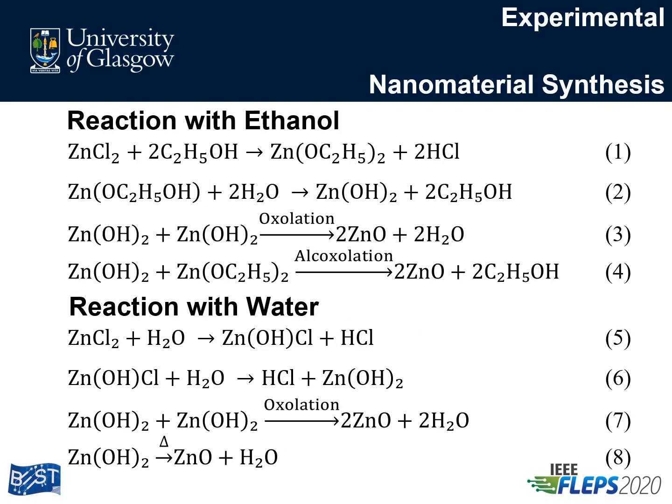In case of ethanol, zinc chloride reacted with ethanol to form alkoxide, which underwent oxidation and alkoxylation reaction to generate zinc oxide monomer. On the other hand, in case of water, zinc hydroxychloride was formed, which underwent oxidation, and in a second step it underwent heating to form zinc oxide nanorods.